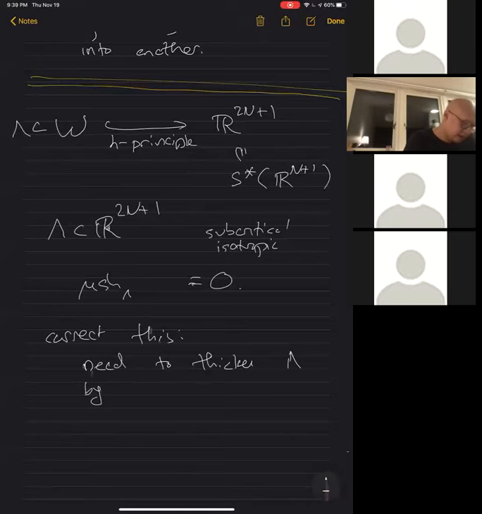W is a symplectic manifold, and so it has some kind of symplectic normal bundle, and I should pick a half-dimensional space of that symplectic normal bundle in order to promote Lambda to a Legendrian.